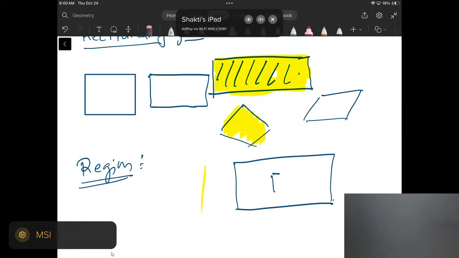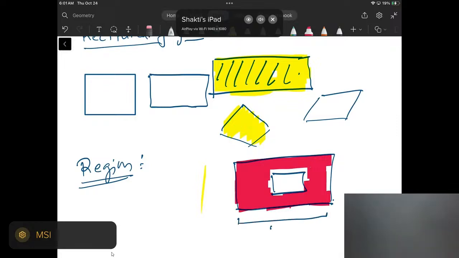If anybody says we have to find the area of this particular region that is shaded over here, what we are given is the length of the outer one, 10 meter, and the breadth of the outer one is 5 meter, and the inner one is 3 meter, and here it is 2 meter. Whatever the colored region, we have to find the area of this colored region.